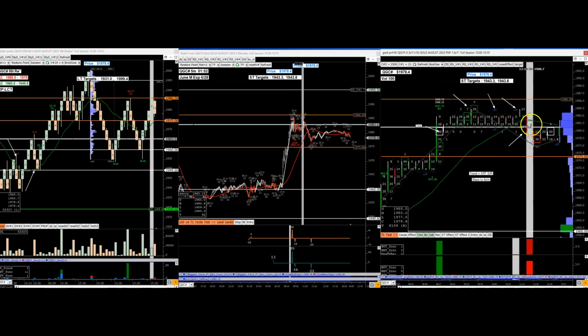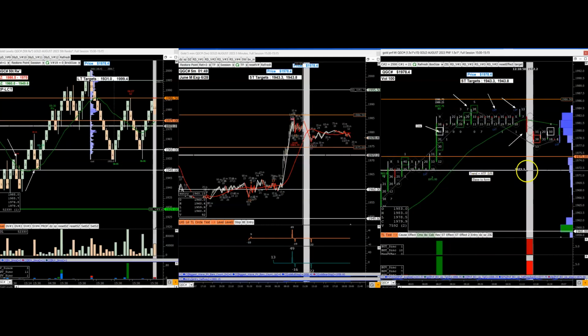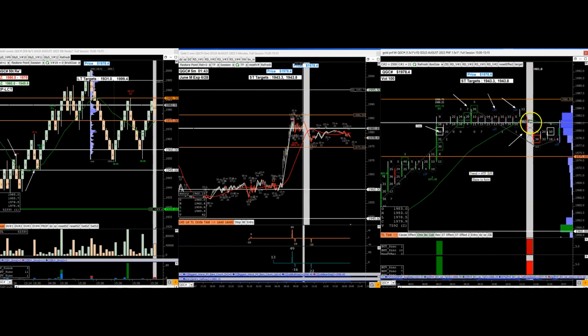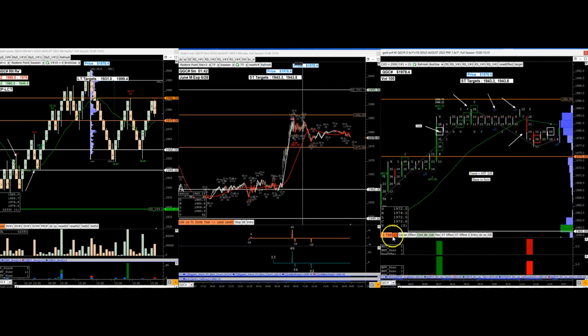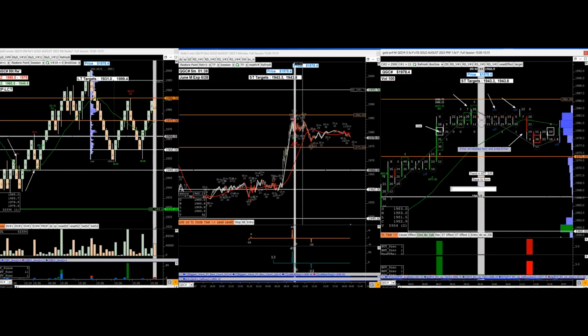Rounding top is the base of distribution. The U is the base of accumulation. This is that U, rounding top. Anyway, after the base forms, what are you looking for in the base? You're looking for your change of behavior, which is a high volume print.